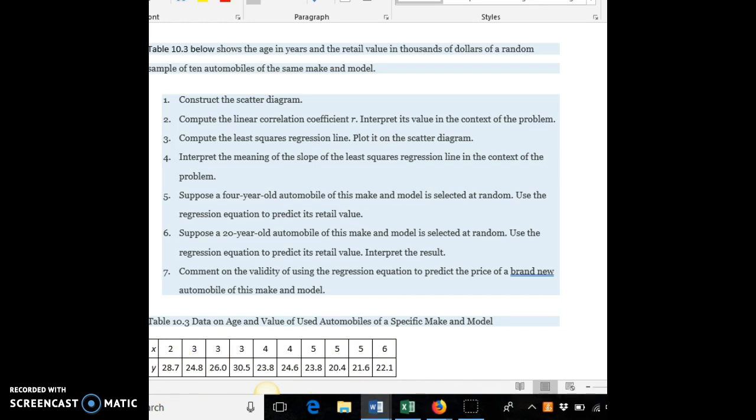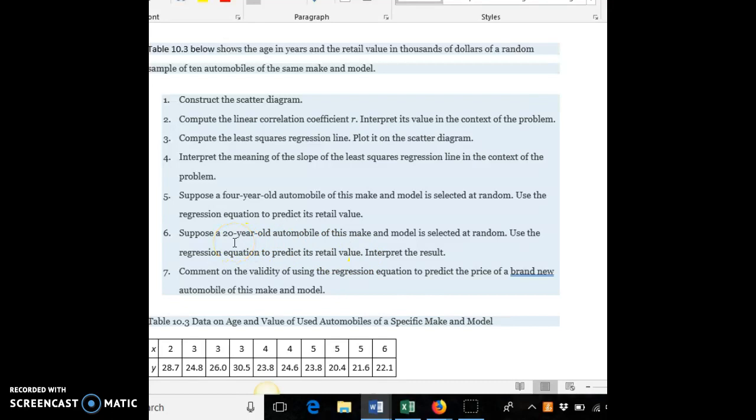So negative 2.05 means essentially that the value of our car is going down by 2.05, which is really $2,000 per x value, per year, since this is measured in years. So our interpretation of our slope is that the value decreases by $2,000 for each year that goes by with this car.